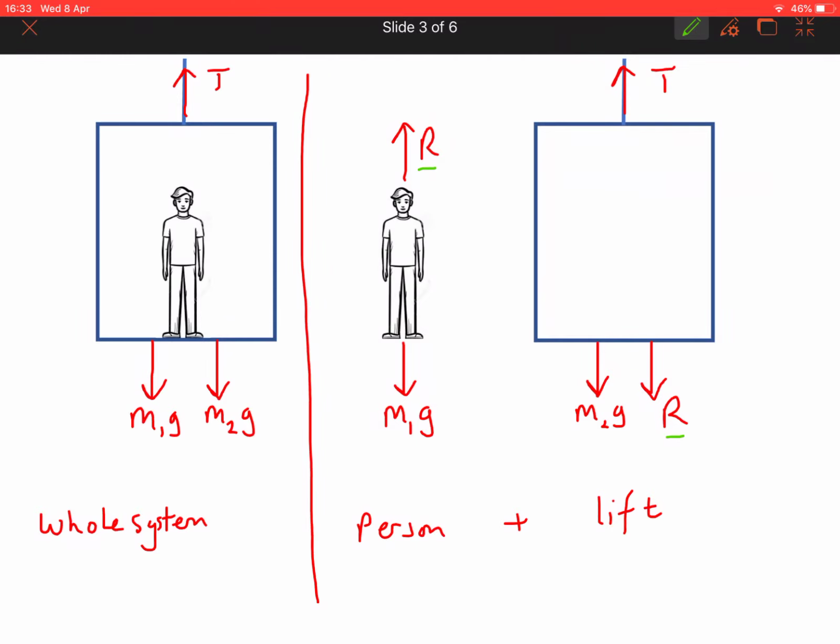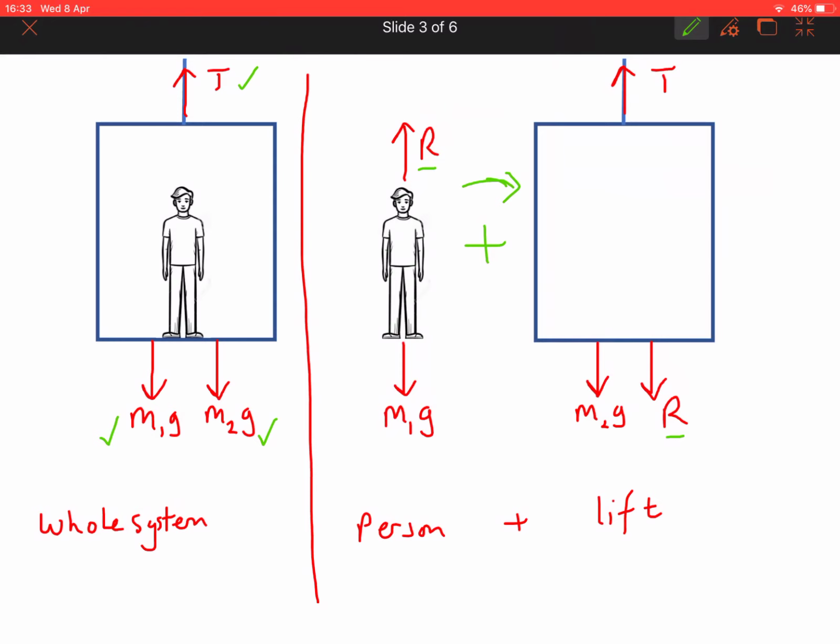So when I add them in, the reactions would then cancel out, because one force would be vertically up, one force would be vertically downwards, and we would have the three forces here: the weight of the person, the weight of the lift, and the tension.